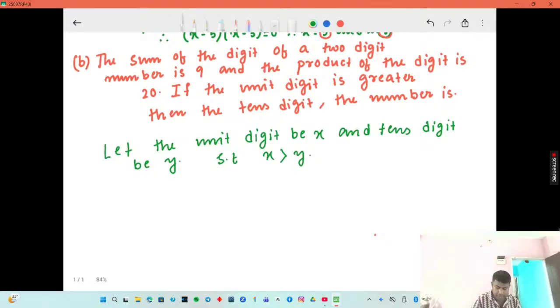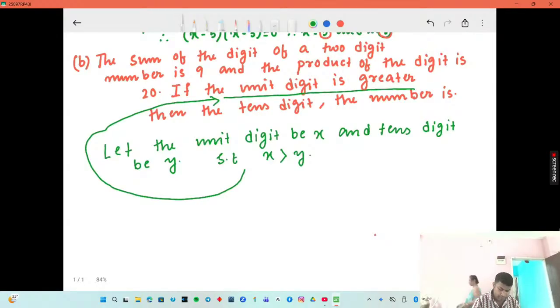Why do we have such that x is greater than y? Because it is given in the question itself. Here in this question it is given that the unit digit is greater than the tens digit.